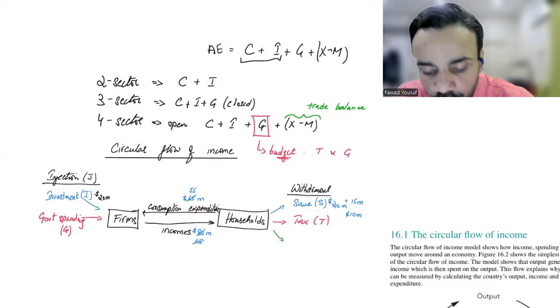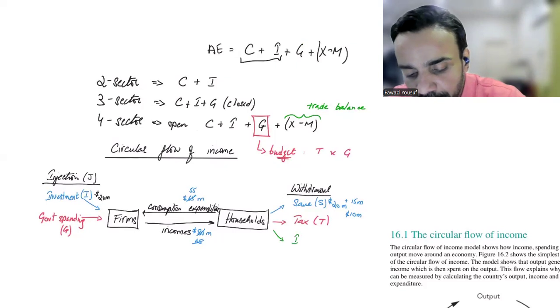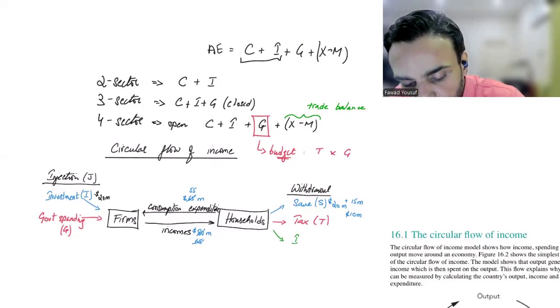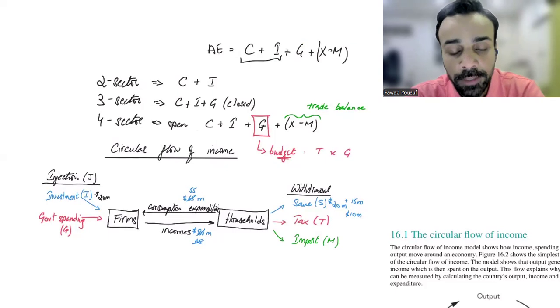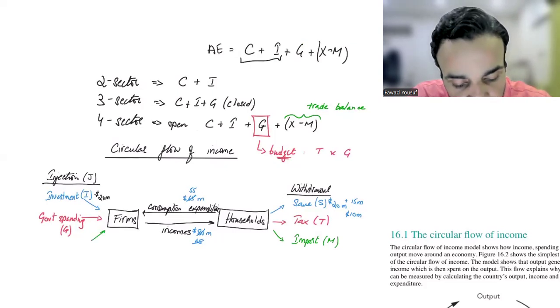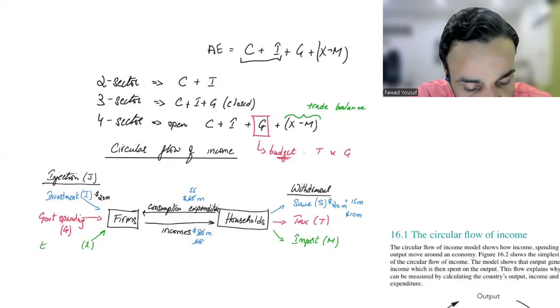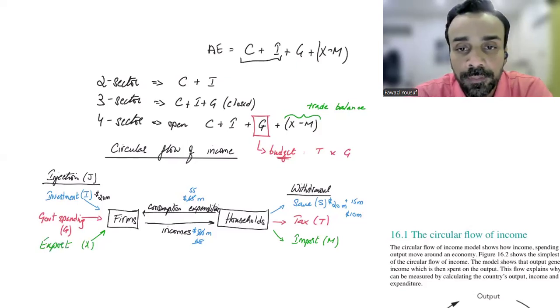Whenever we import goods, the money goes out of the system. Import is a withdrawal. It takes the money out of the system. Okay? But then when we export the goods, that money comes back into the system in the form of export revenue.